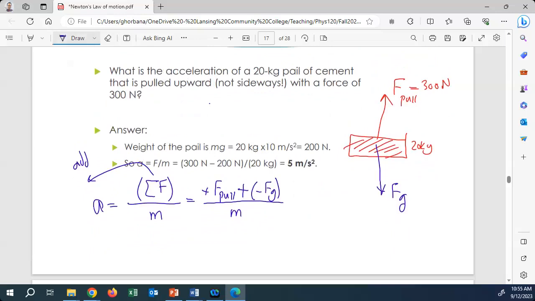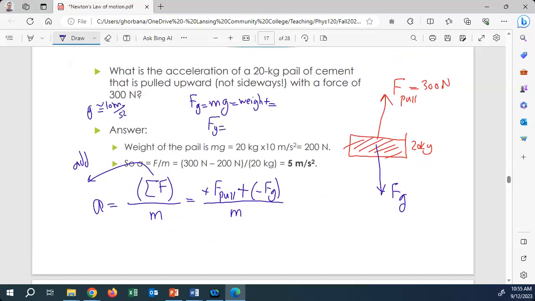Okay. So I already know that Fg is mg, or weight. Let's calculate the Fg first, and I assume that g is 10 meters per second squared. I just rounded to the whole number. So Fg will be what?